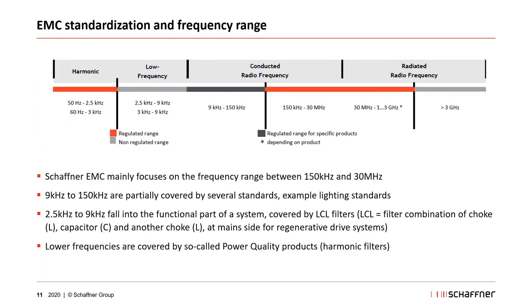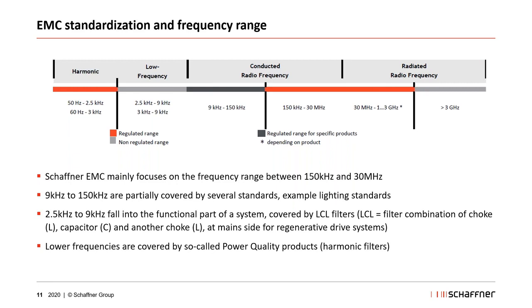Good. So as I said, the frequency range and standardization is one point that needs to be known before we start, because Schaffner EMC is focusing on 150 kilohertz to 30 megahertz. This means the conducted emission levels we are talking about today.